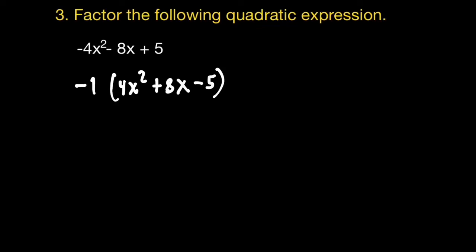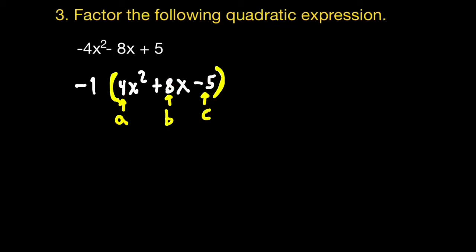Whether you are trying to apply the X diagram or the snowflake diagram, your leading term should always be positive. So having this fixed, I can now label my key terms if I zoom in on the parentheses. My a value is 4, my b value is 8, and my c value is -5.